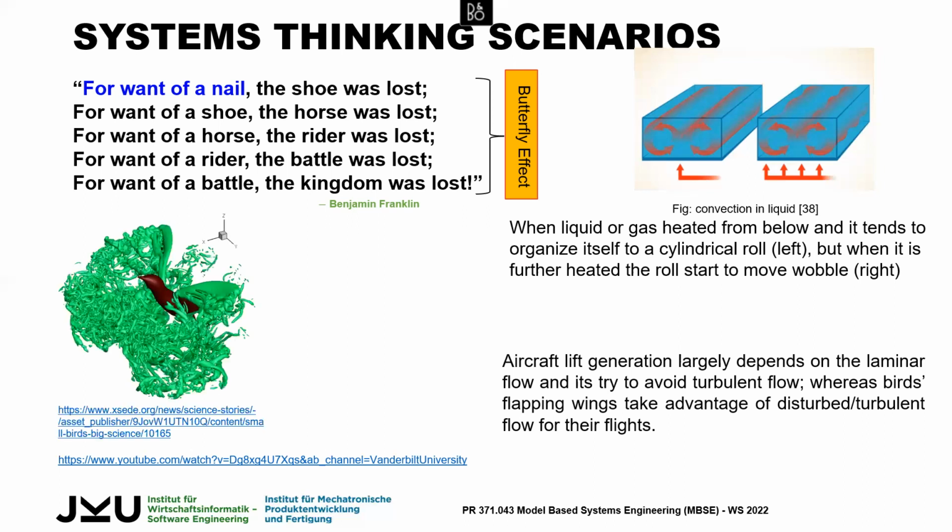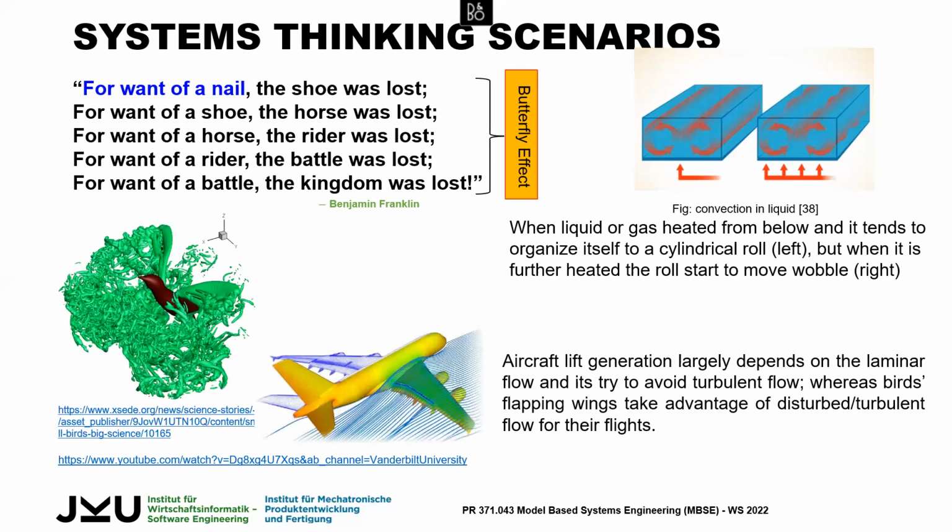Here is also a very interesting thing. In aircraft, we are always trying to find the laminar flow, like undisturbed airflow, as good as it is possible. But you see, the birds are actually doing a little bit the opposite.